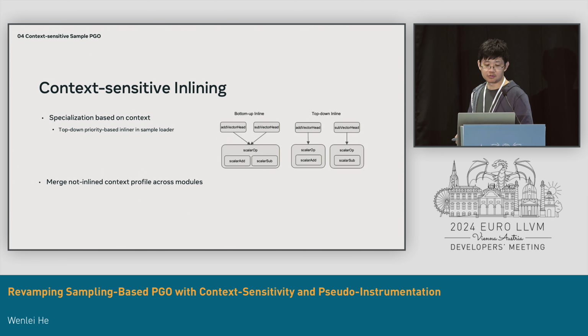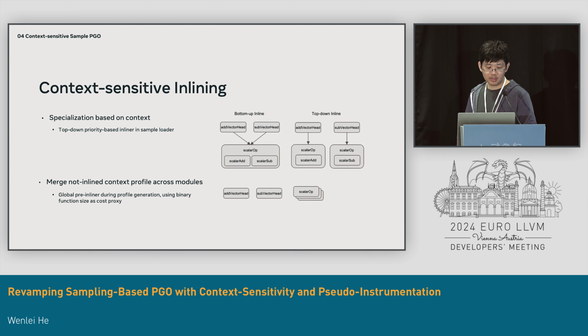There's another problem that we need to solve, which is about merging not-inlined context profile back into the base profile. Still with this example, say the inliner decided we're not going to inline scalar op anywhere, then we need to merge the context profile back to its base profile. This is usually okay, but if scalar op is in a different module, and if we're using ThinLTO, then we have a problem because we cannot easily transfer the profile counts from one ThinLTO backend to the other, given that they can be running in parallel and all on different build hosts.